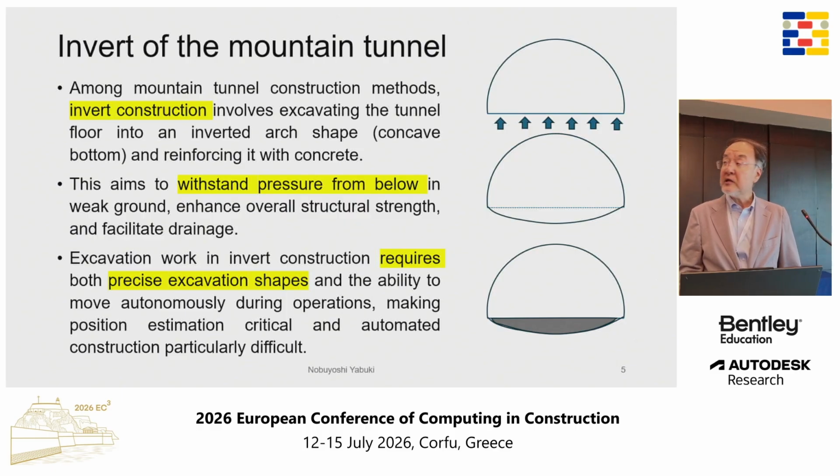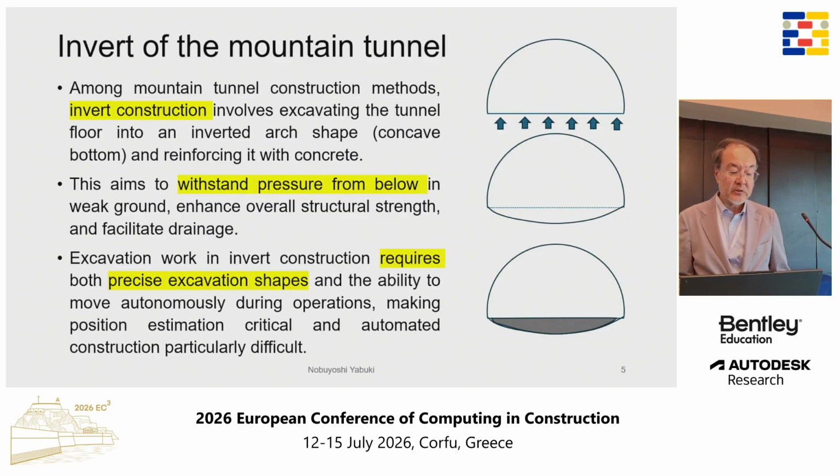Then you excavate a concave bottom shape, and then you cast concrete in the invert. This is called invert construction. And this requires both a precise excavation shape and the ability to move autonomously during operations.